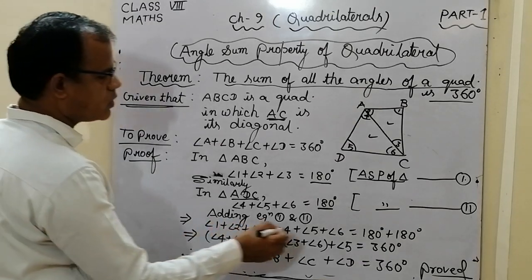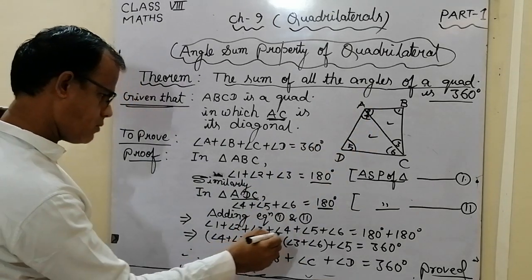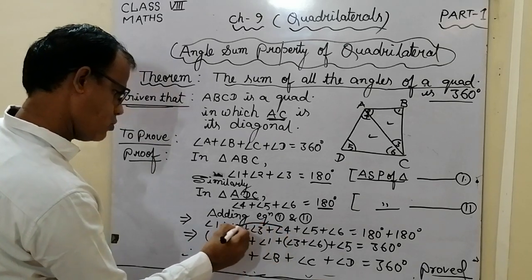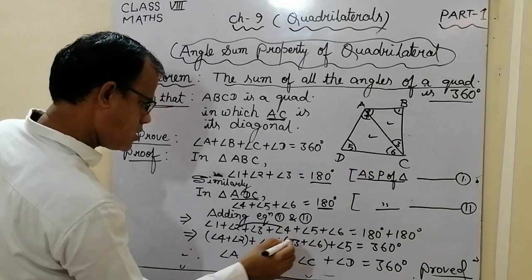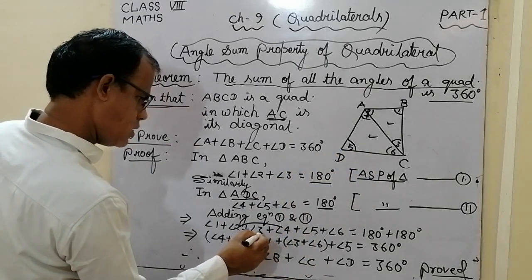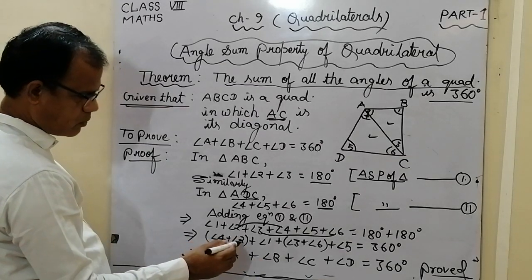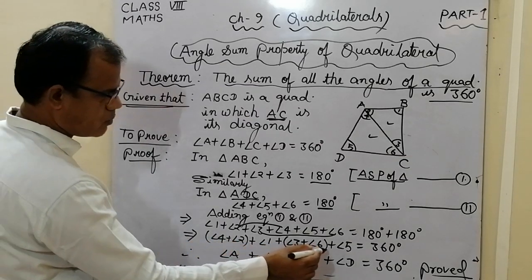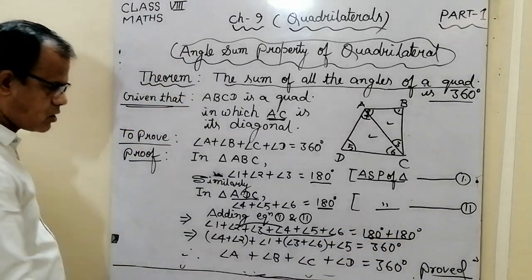So we have to rearrange this. Angle A is 4 plus 2, so we have taken this 4 and 2. Next angle B is 1, angle C is 3 and 6, so we have to take this 3 and 6. So angle 4 plus 2, angle 1, angle 3 plus 6, angle 5 becomes 180 plus 180, 360.